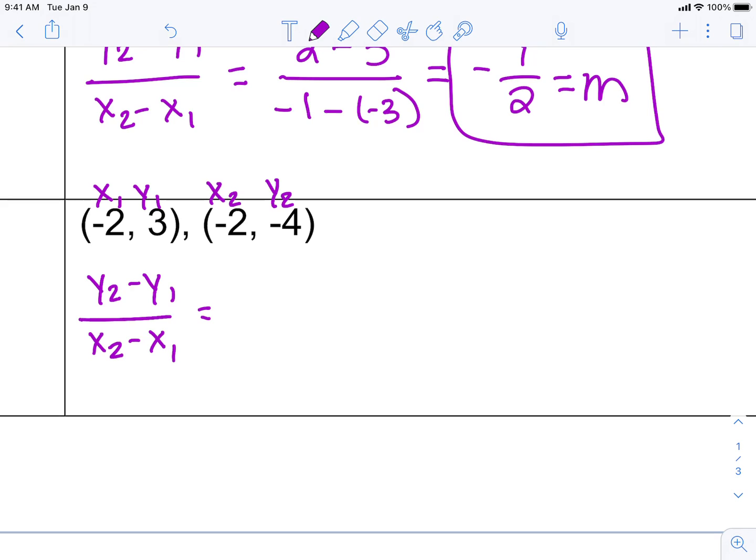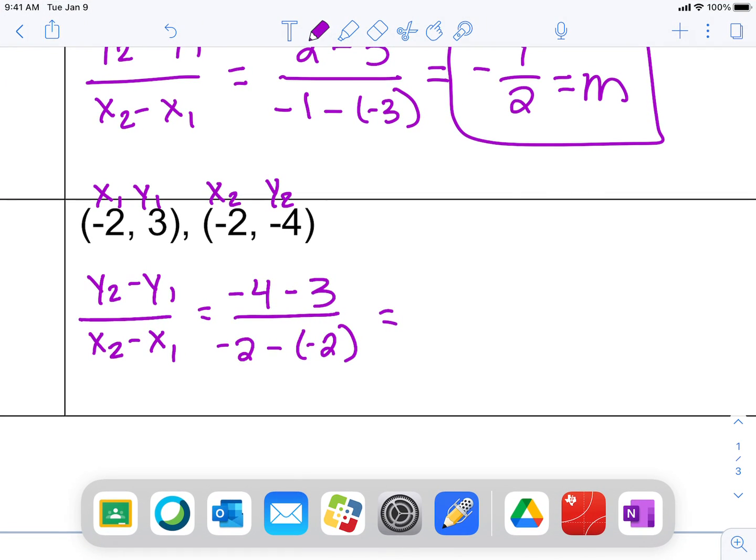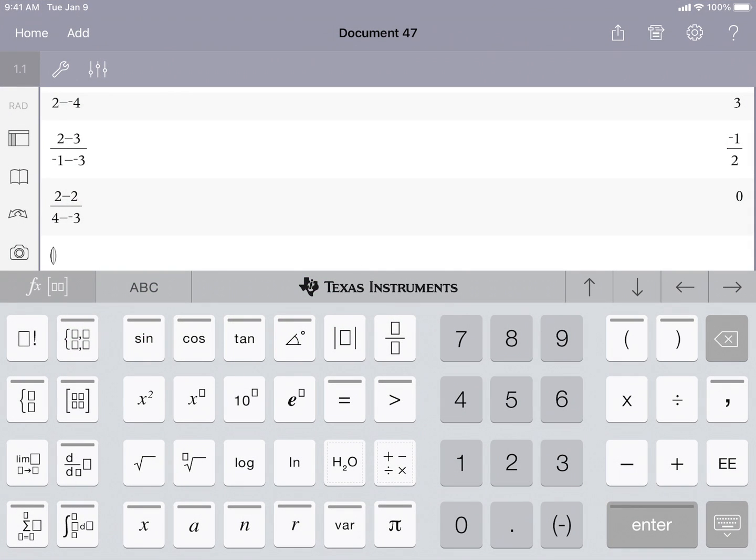So we have y sub 2, which is negative 4, minus 3. And then we have a negative 2 minus a negative 2. And then we're just going to plug that into the calculator. So let's see. We had a negative 4 minus 3 over a negative 2 minus a negative 2.